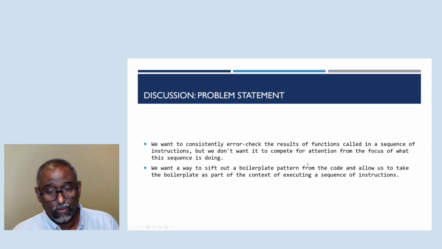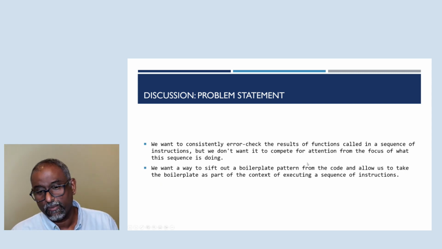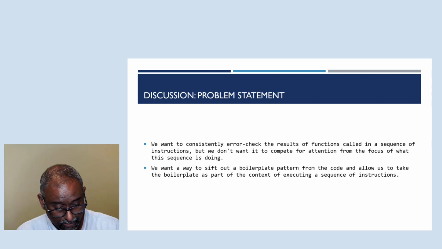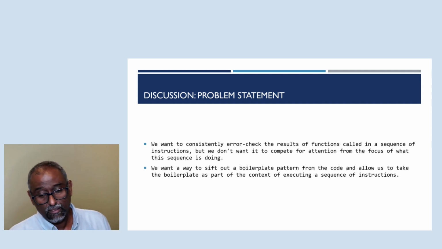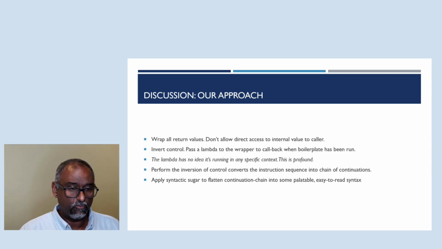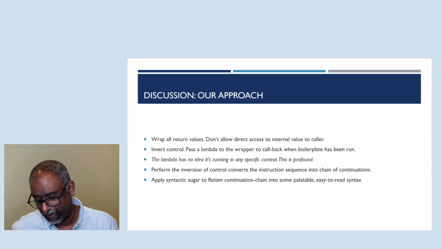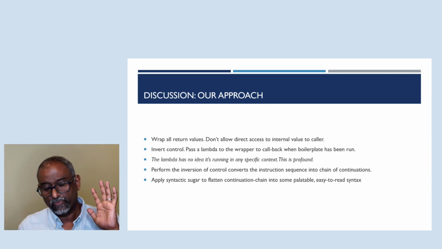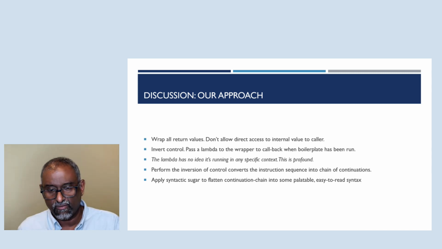approach. Now, there are many approaches that we might have been able to take, right? I'm not going to say that this is the only approach we could have taken, but as it turns out, it seems like a very good approach for many reasons, and we can discuss those later. What we did was we wrapped all the return values so that we didn't allow the caller to access the internal value.